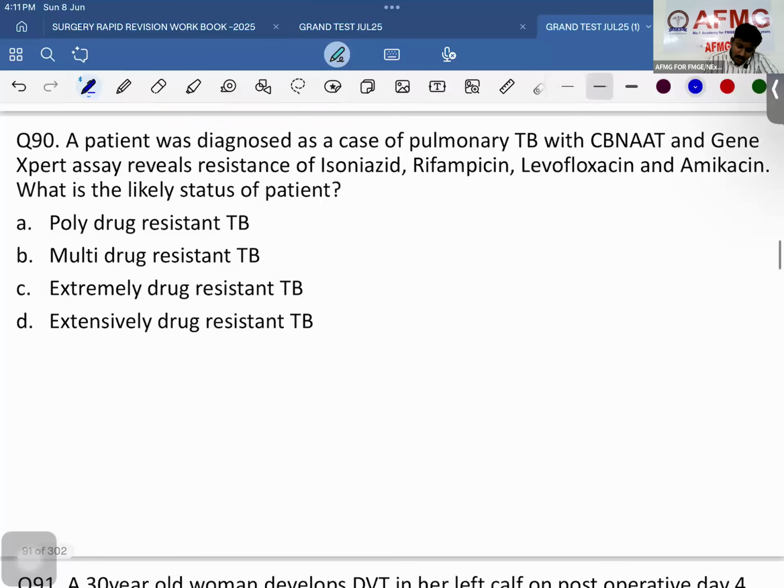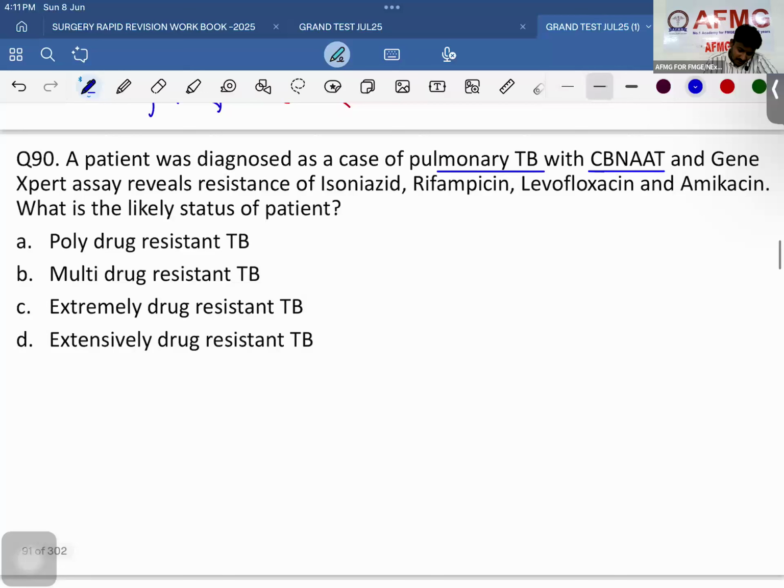Question number 90. A patient was diagnosed as a case of pulmonary tuberculosis with CB-NAAT, that is cartridge based nucleic acid amplification test, and the GeneXpert assay. It reveals definitely that there is resistance to isoniazid, rifampicin, levofloxacin, and amikacin. What is the likely status of the patient?